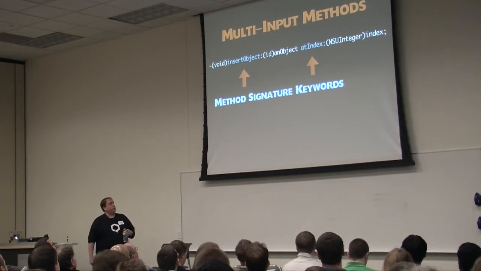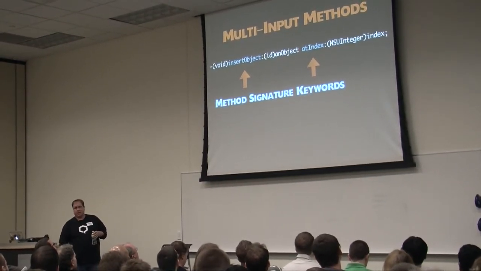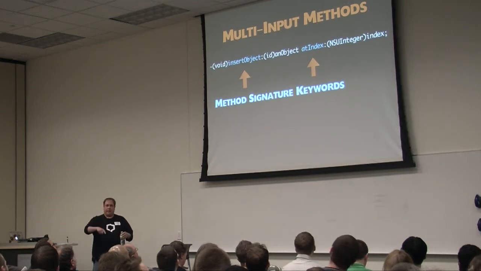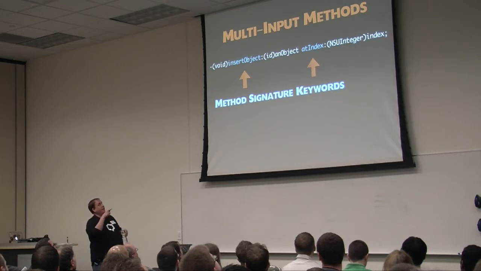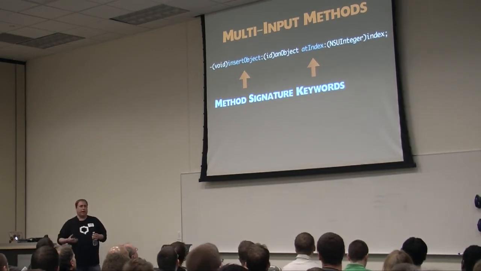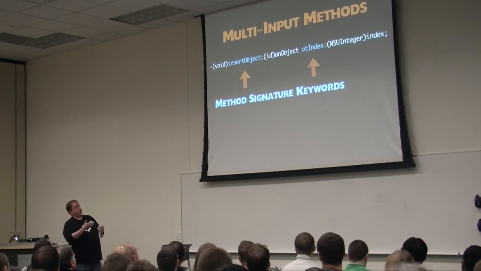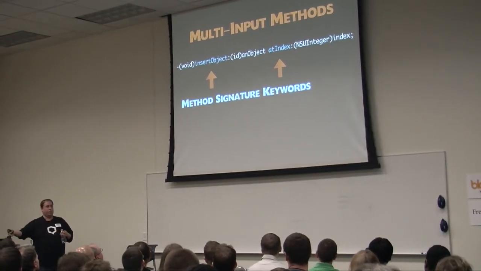Here's what kind of threw me at first. This is the method signature, insert object at index. At index is not the parameter name. Index is the parameter name. At index is the second half of the method name. So if you're coming from a Java background or a C# background or whatever, it would be insertObjectAtIndex, and then parentheses and a delimited list of your input parameters.